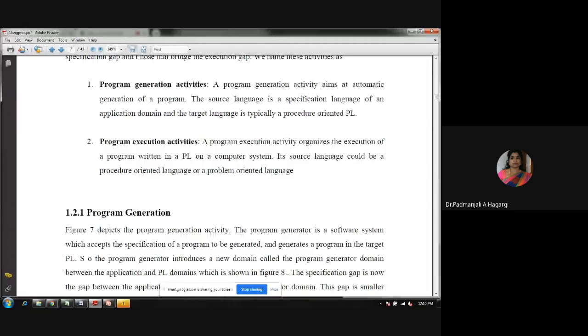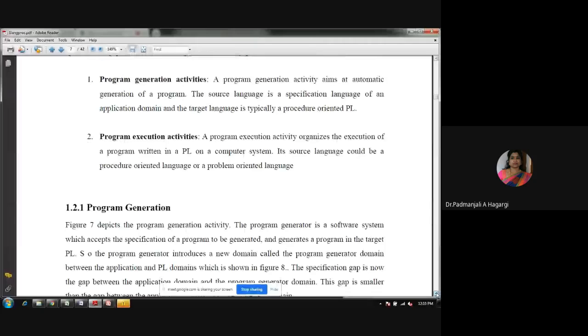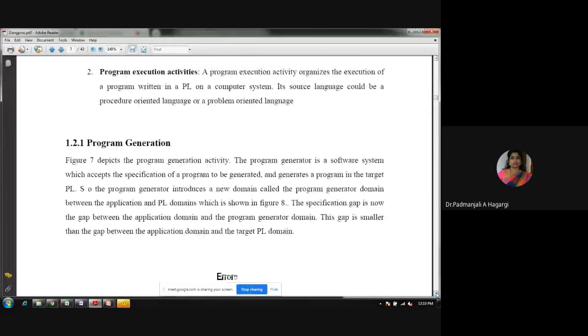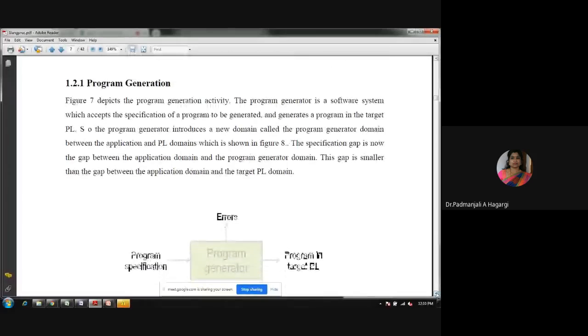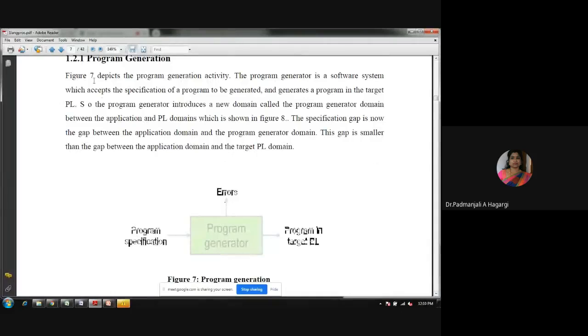So here let us see in the program generation activity how the program is generated, as depicted in the figure shown here, that is the program generator. Take the big program, a compiler, and give the source program.